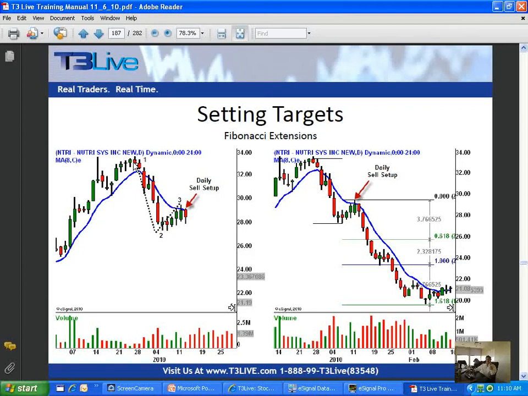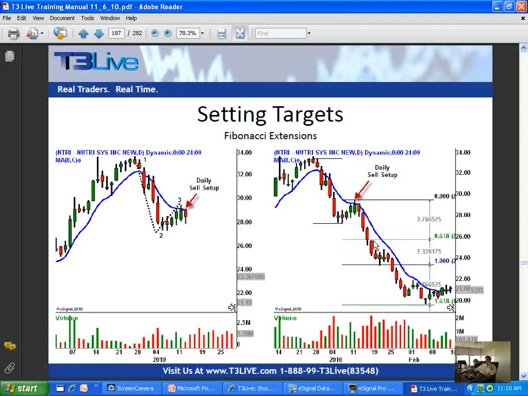So, again, you have a directional move down that bounces back into the declining moving average. We get a sell setup, same chart right here, and I can look at the directional move down, the bounce, and then I have targets, what we call extension levels of this first move down.